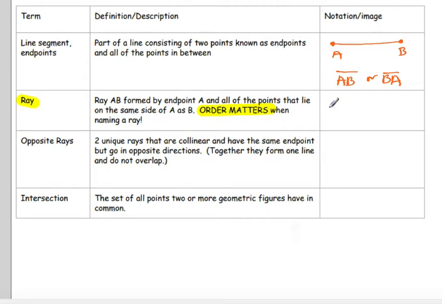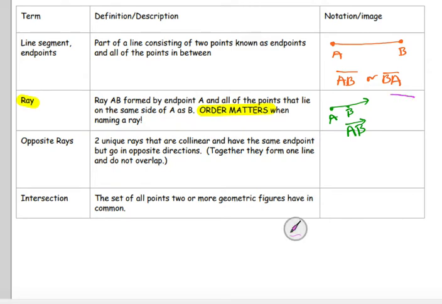So if I have this ray, and they had called it AB, so I'm going to go ahead and call it AB. So it begins at A and goes in the direction of B. You would name it AB, and you would put an arrow to the right over the top. As you name a ray, you always name it with that arrow going to the right.